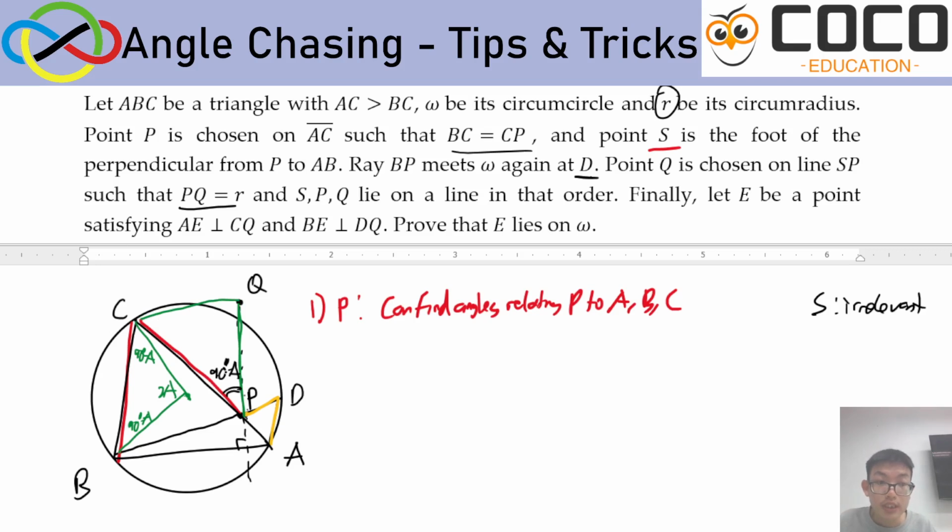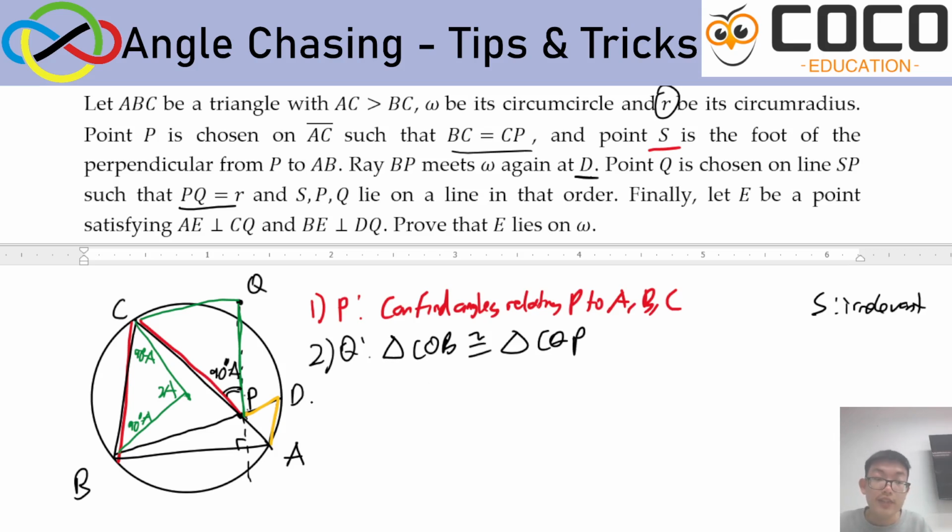I didn't know CQ is equal, but I already have got SAS. So this is, Q is actually the point such that triangle COB is congruent to CQP. That's what makes Q Q.